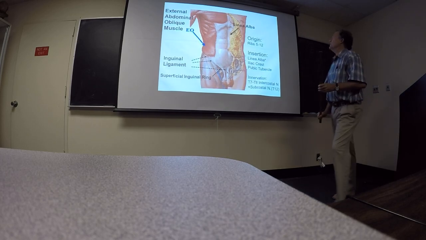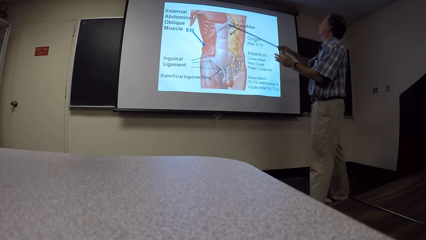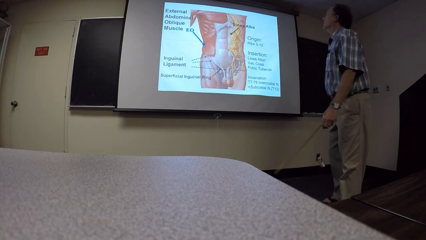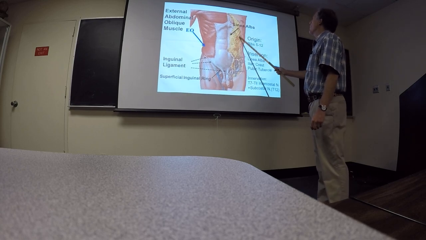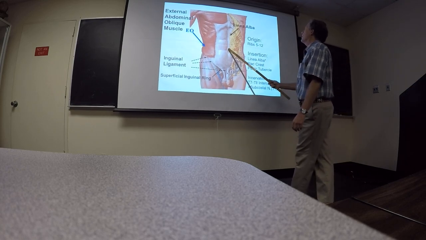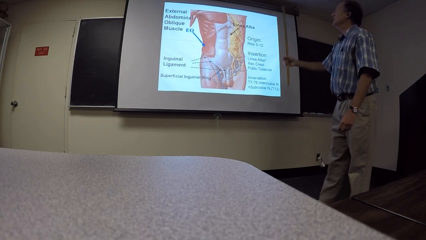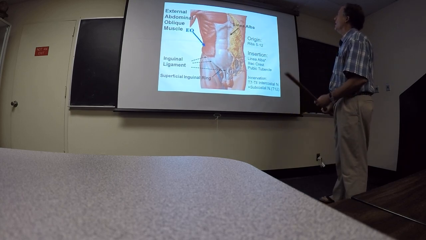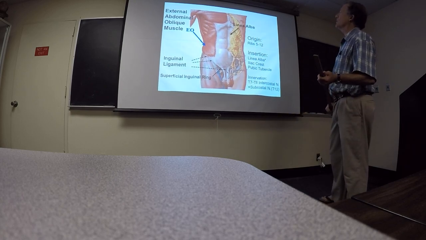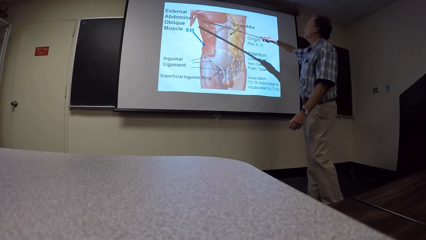Okay, so let's start with these 3 muscular layers. In the midline, where stuff from the right side and stuff from the left side come together, it's known as the linea alba, the white line. Okay, so here's this most superficial muscle layer, the external abdominal oblique.